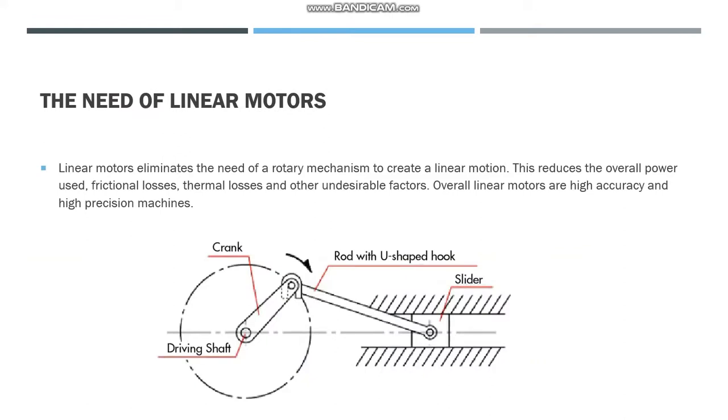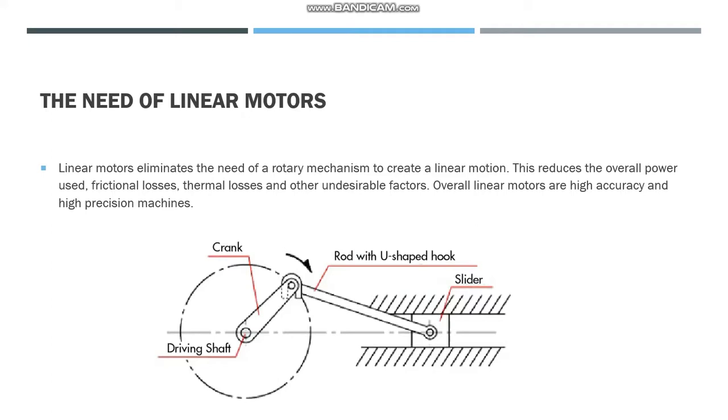The main answer to that is that linear motors reduce overall power use, frictional losses, thermal losses, and other undesirable factors. As we can see in the diagram, a rotary mechanism was used to create a linear motion, and it used a lot of space.